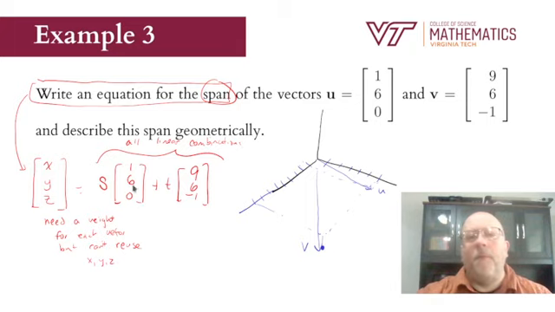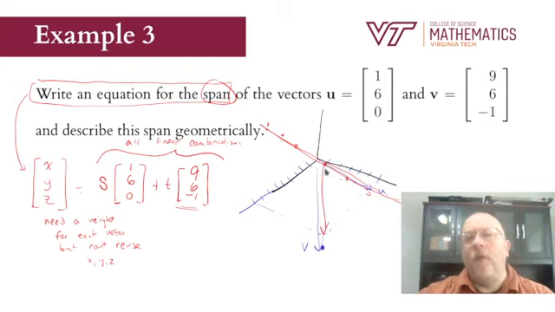And because I can multiply u by any constant, I can get any multiple along this line here. And then I can add to any point on this line a multiple of v, and v goes in this direction.